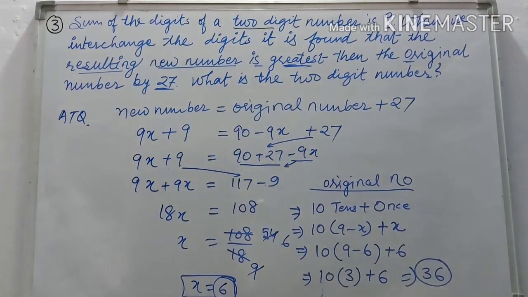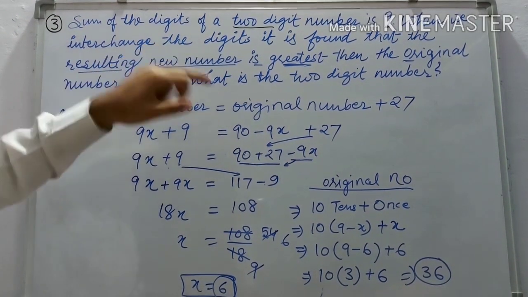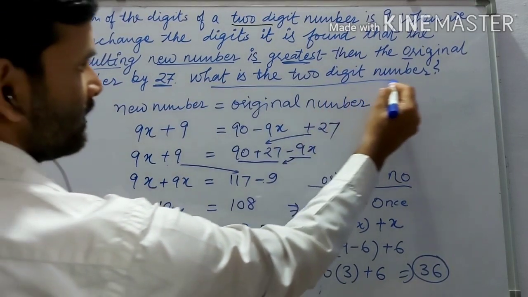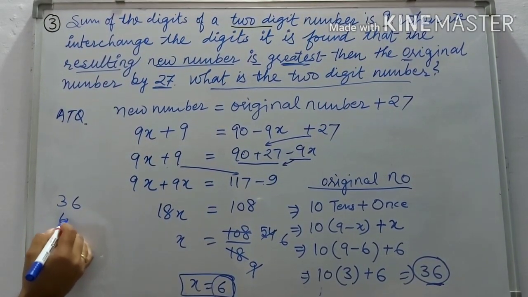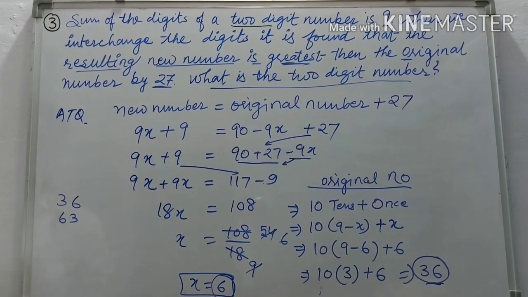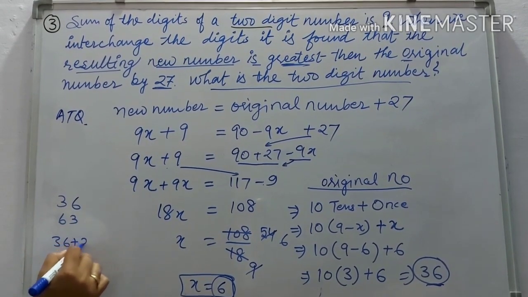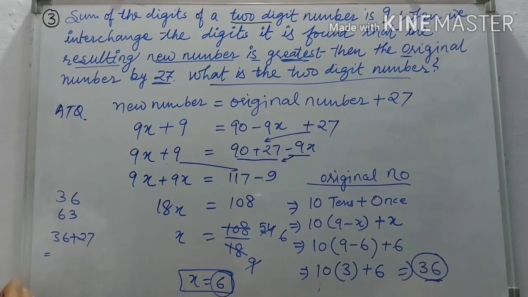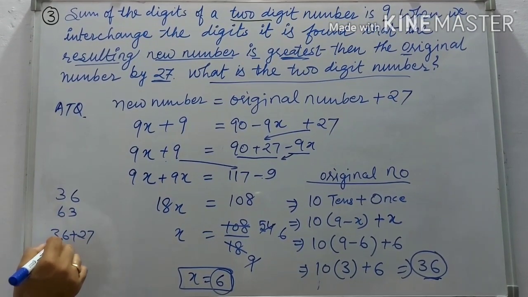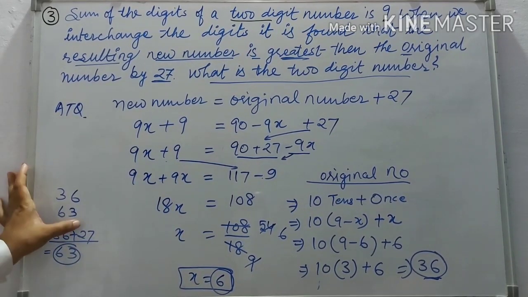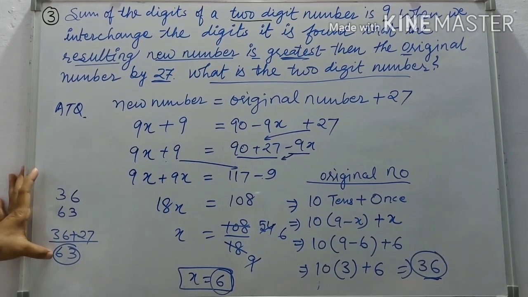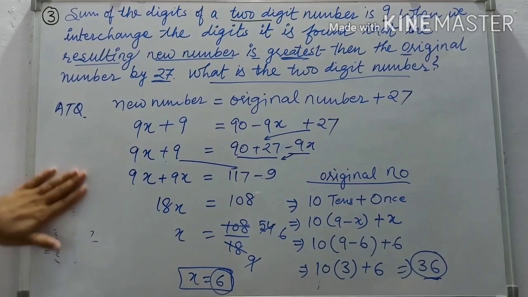So the two-digit number is 36. Check: interchanging the digits gives 63, and 36 plus 27 is 63. Okay, thank you.